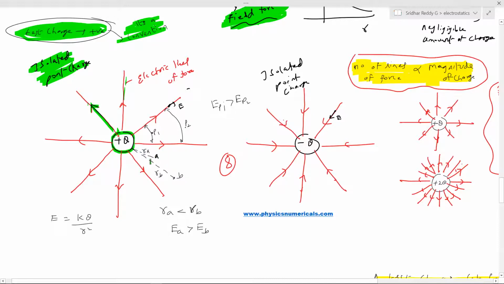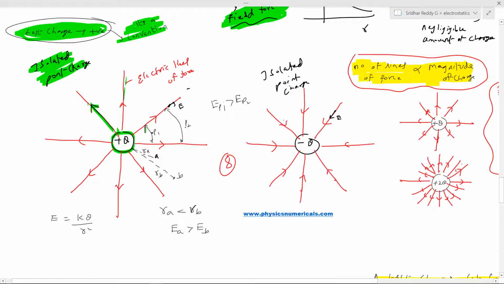As the field strength decreases, the spacing between the lines of force will increase. Able to get this one? This will help us to predict and draw the lines of force.